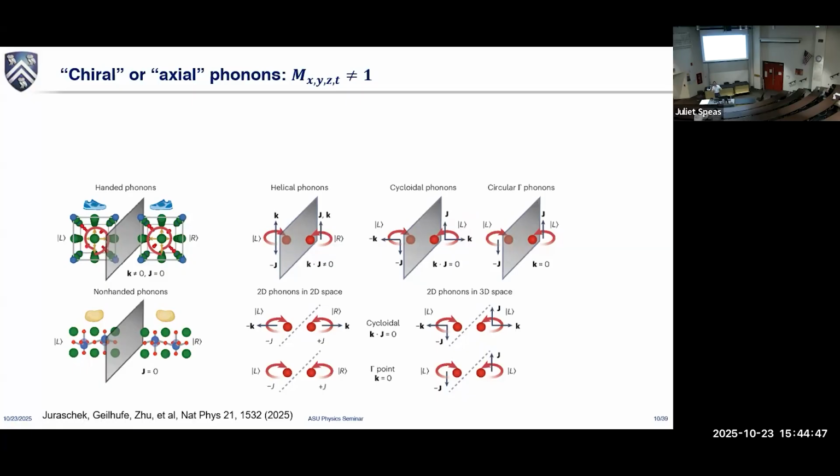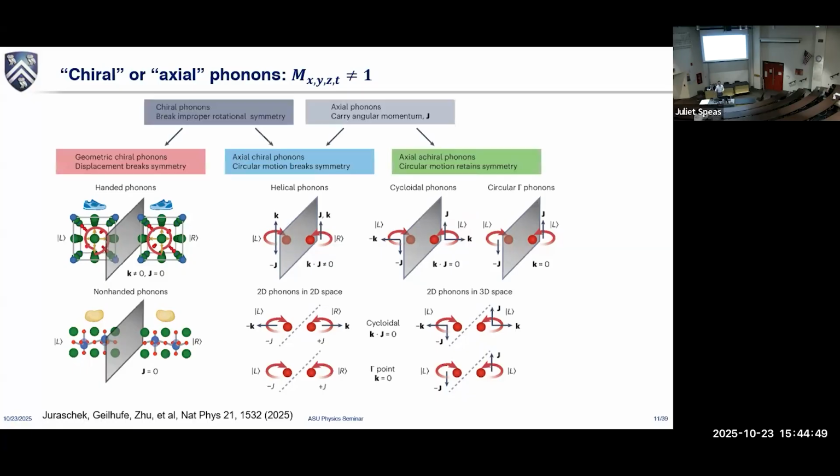We would like to call them all chiral phonons, and name the phonons into roughly two groups. One is that it breaks a geometrical chirality, that is the mirror symmetry in XYZ. The other is called axial phonons, which break time reversal, and basically it's a dynamic object that carries finite angular momentum.